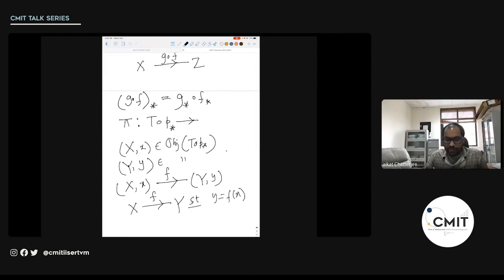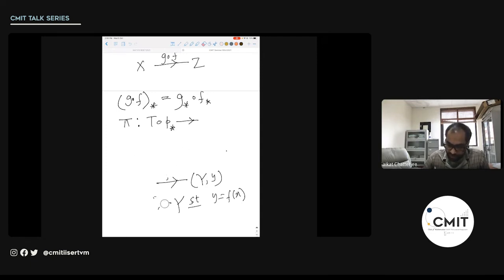So that is all you have to do. Then in that fashion, we have the category of pointed topological spaces. So now this pi can be viewed as a functor here, right?